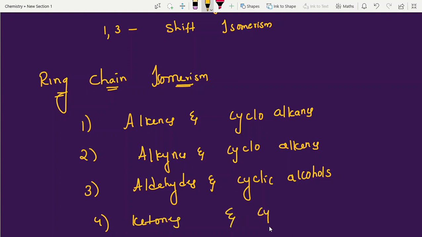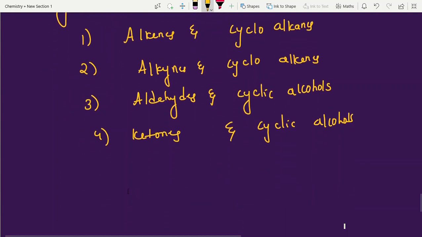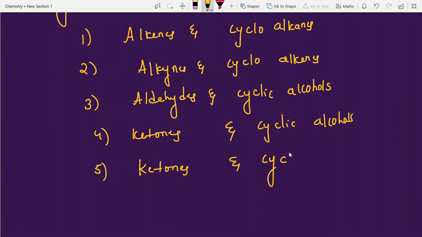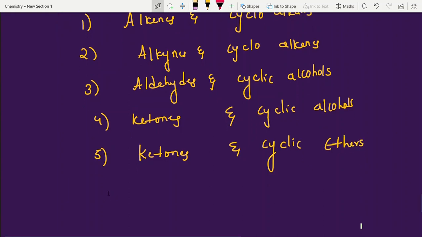Ketones and cyclic alcohols, and ketones and cyclic ethers. Now, first one I am giving, alkenes and cycloalkanes.